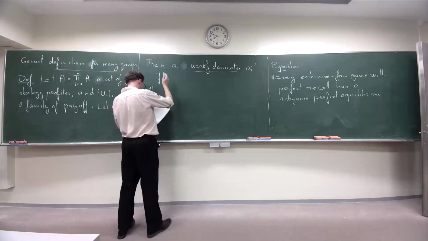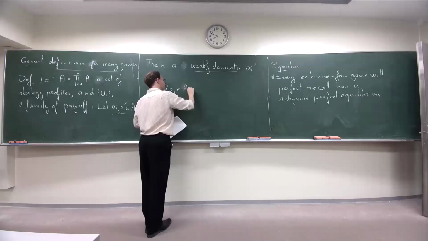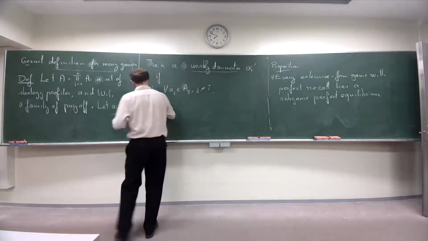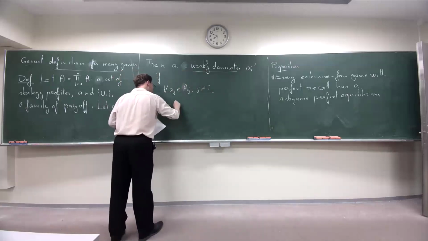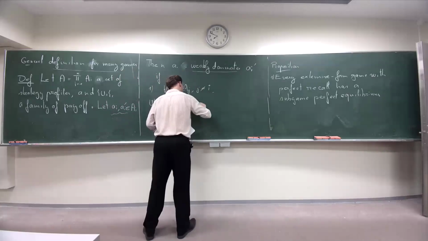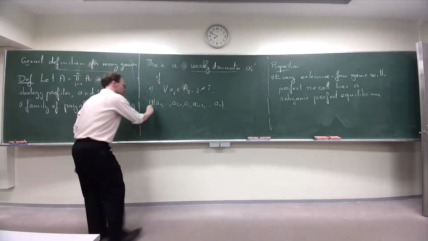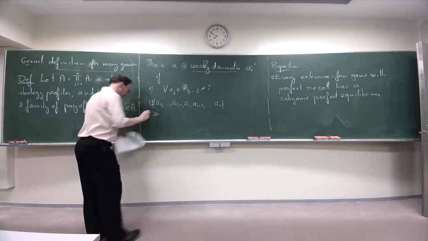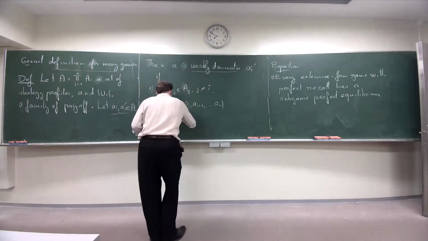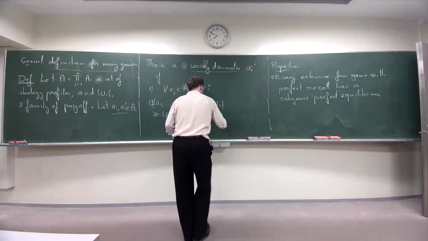If there are two conditions: for any a_j in A_j, j different from i, we have U_i of a_1 to a_{i-1}, a_i, a_{i+1}, to a_N is bigger or equal to U_i of a_1, a_{i-1}, a_i prime.